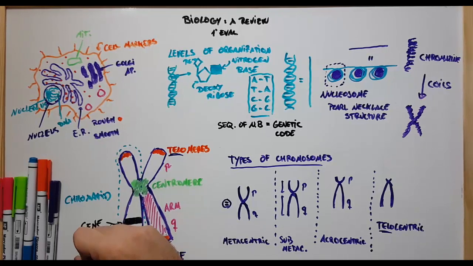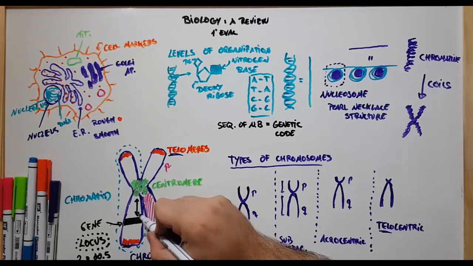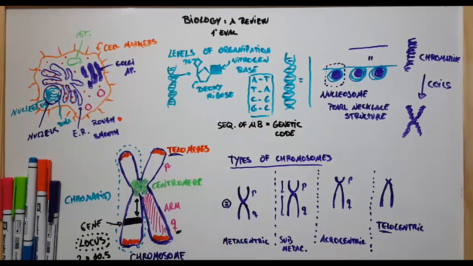And that's going to be called the locus. The locus is the place of the gene, and remember that it has the chromosome number, the arm, and the distance to the centromere. Okay, distance to the centromere, arm, and the number of the chromosome.